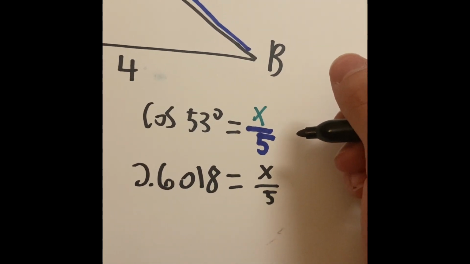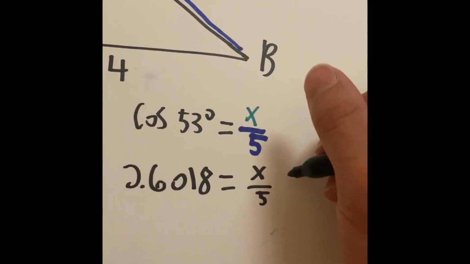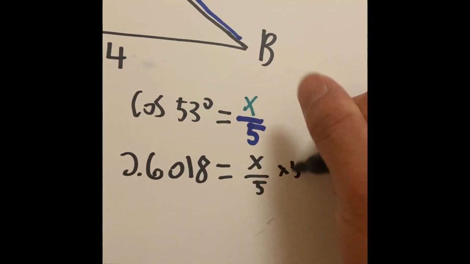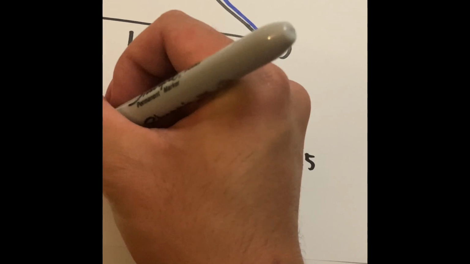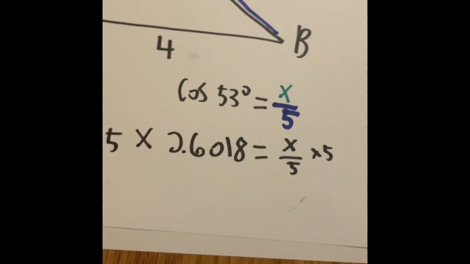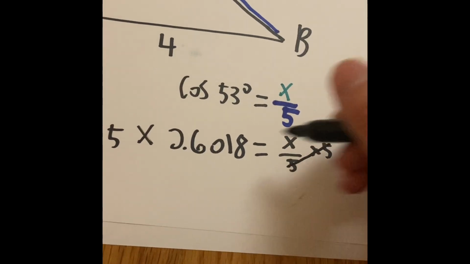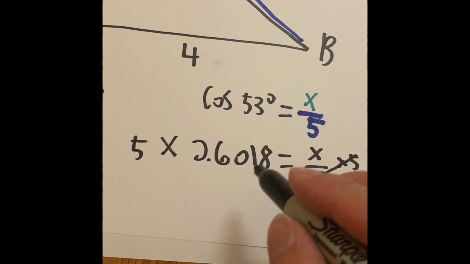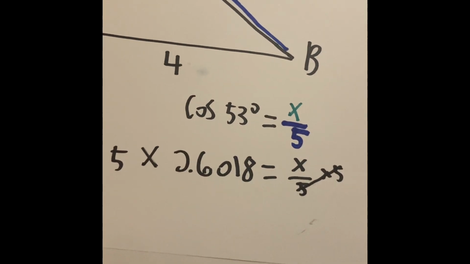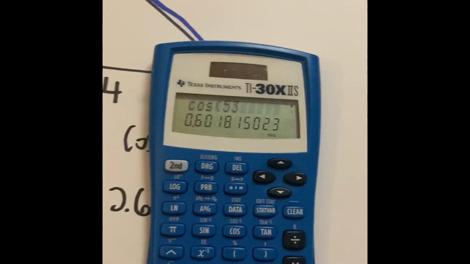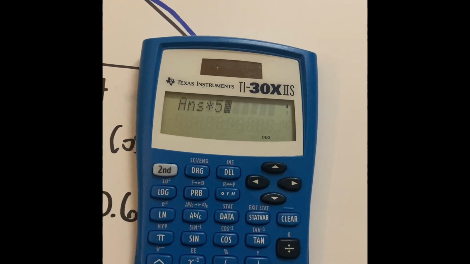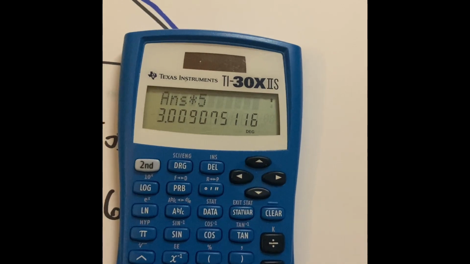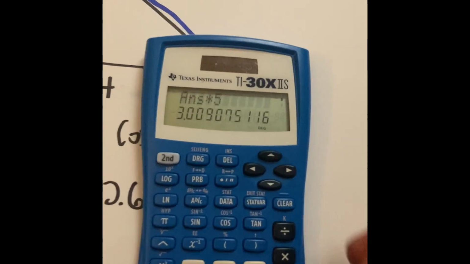What we have to do now is multiply both sides by 5, because we don't want a fraction. These cancel out, so we have to do 5 times 0.6018. And our answer is going to be around 3.009.